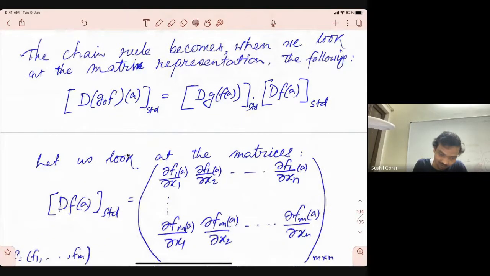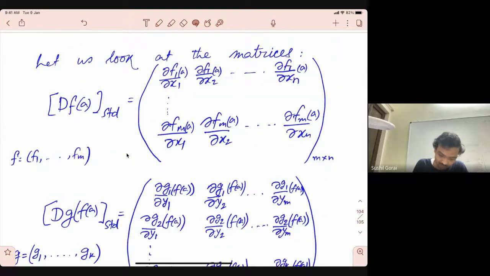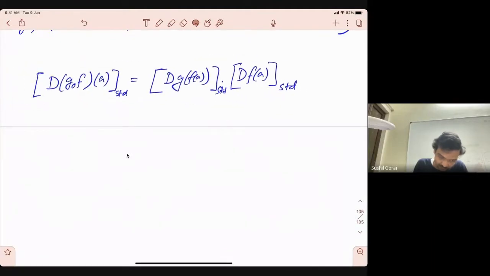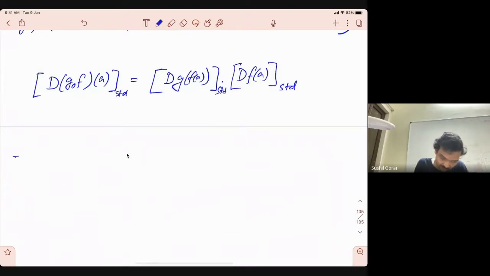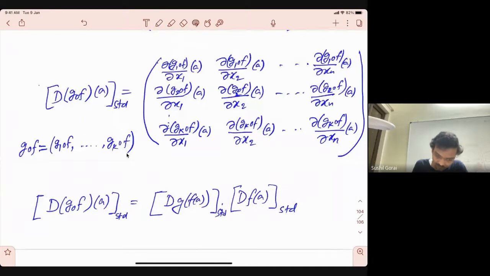Maybe let me just copy this part again and put it right here. Now this should imply, since all these things are written, I can copy and put it there.